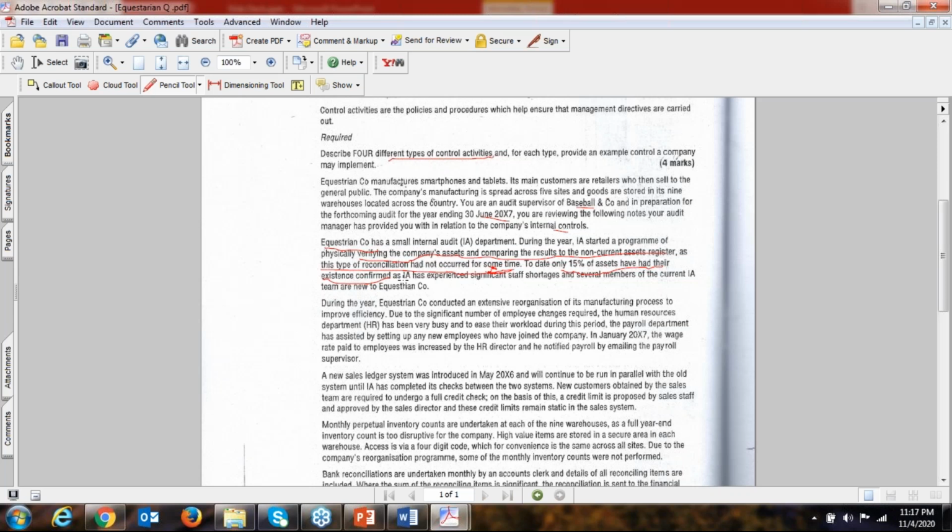Because 85% of the assets do not have confirmed existence, which ultimately leads to misstatement in the non-current assets. So, guys, do you understand the complete deficiency, the reason for the deficiency, and the impact of the deficiency?